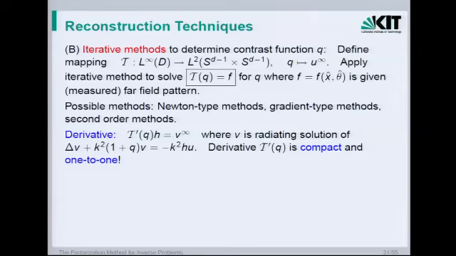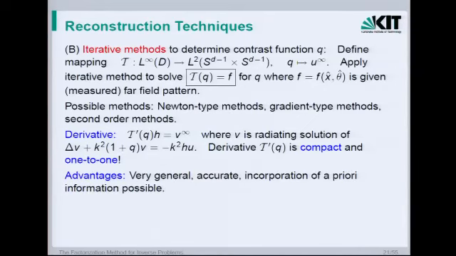But if you look at the assumptions, then people could not prove it for this application. So there's a gap between the general functional analytic regularization of nonlinear ill-posed equations and these applications in inverse scattering still.